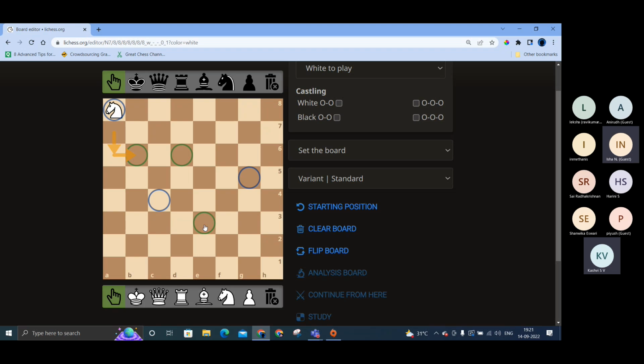Ma'am, we can go to E6, ma'am. E6. This square. Is this a landing square from C4? Check again and tell. No, ma'am. That is not a landing square.